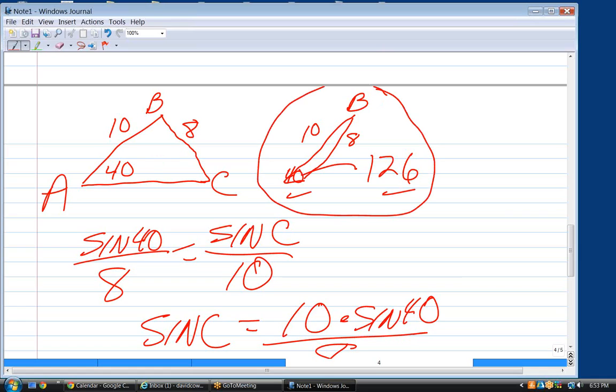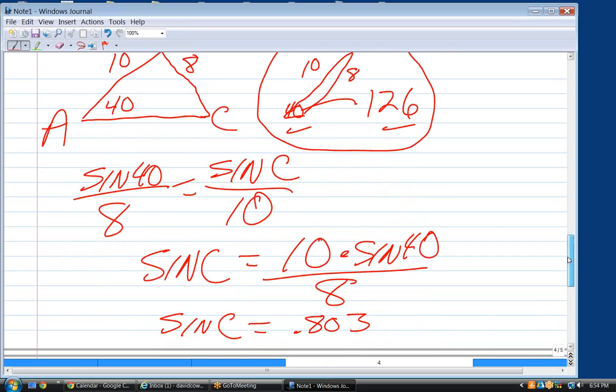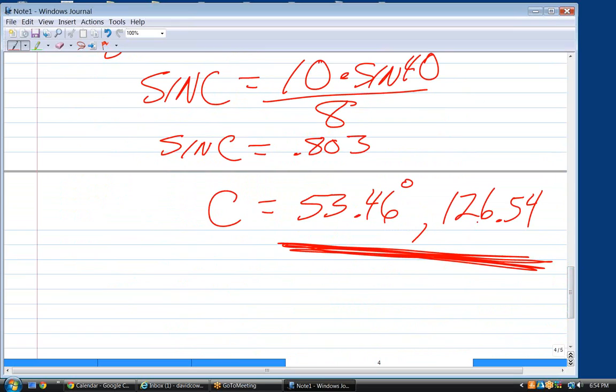So that's why it's called the ambiguous case. In other words, if I tell you you have a triangle that has two sides that are 8 and 10, and this angle is 40, you have to use the law of sines, go through the situation, and see whether this supplementary angle works also.